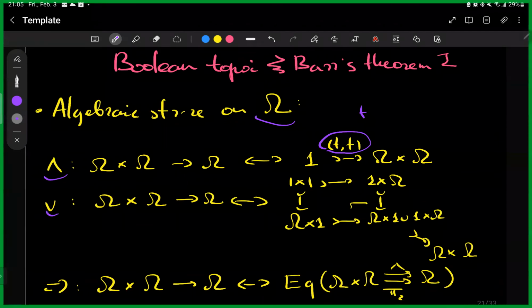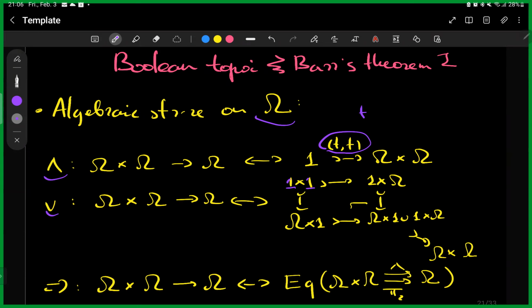This is a subobject of omega times the terminal object 1. So omega times 1 and 1 times omega. And then we can take the co-product, which corresponds to the topos theoretic union of these two objects. And this is a subobject of omega times omega, and we take the classifying map and we obtain this co-product operation on omega.